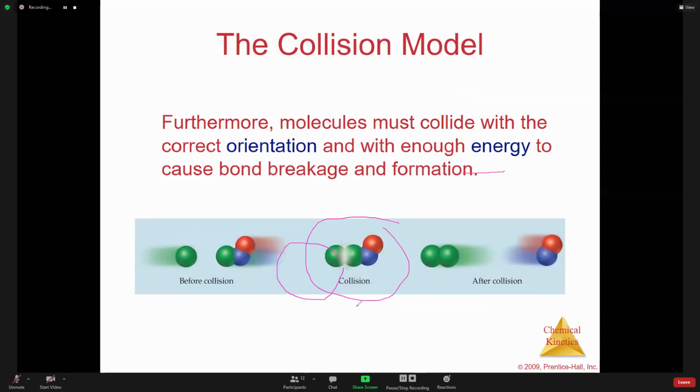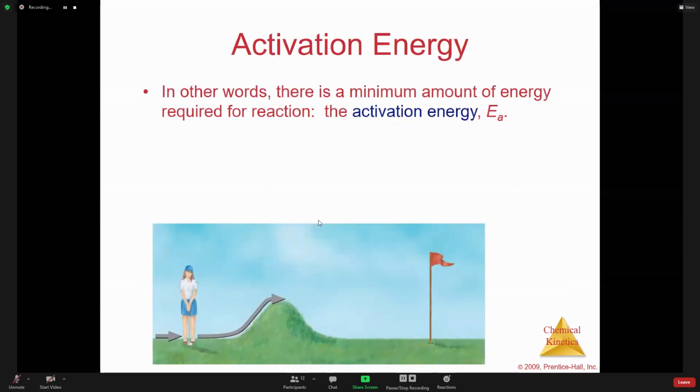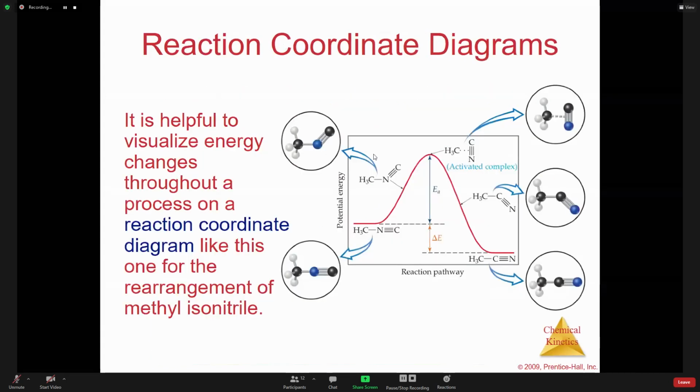These are in contact and only last for like a microsecond. But it takes a certain amount of energy to go from here to here, and that's called your activation energy. So your activation energy is from whatever energy your reactants come in with to the peak, to your activated complex.